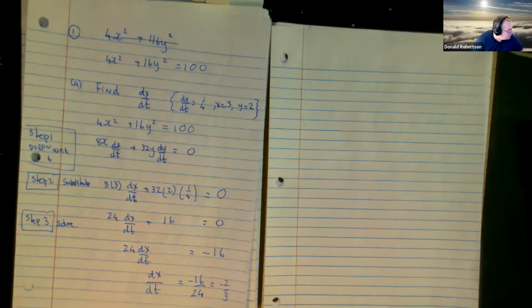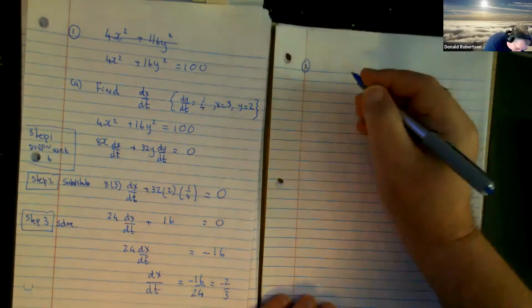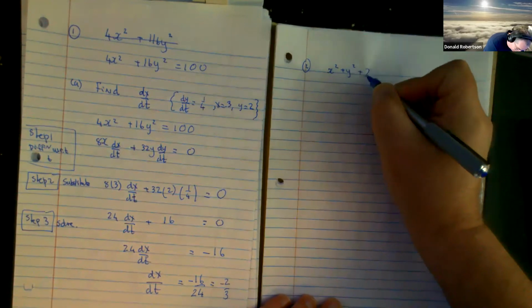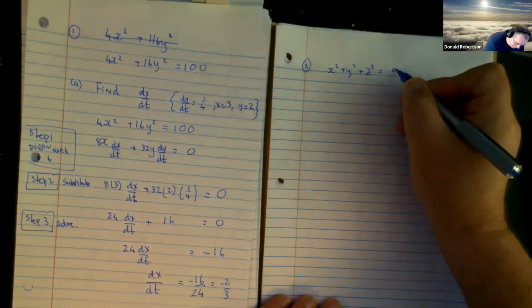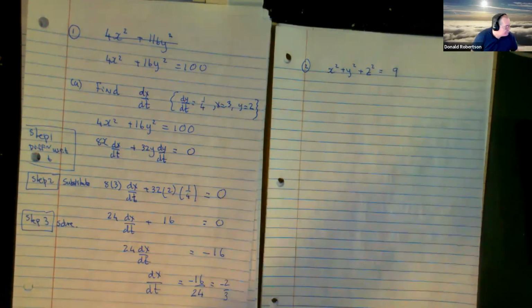Let's find another one. Let's look at question 2. The equation that we're going to be working with is this one. If you're interested, this is the surface of a sphere.